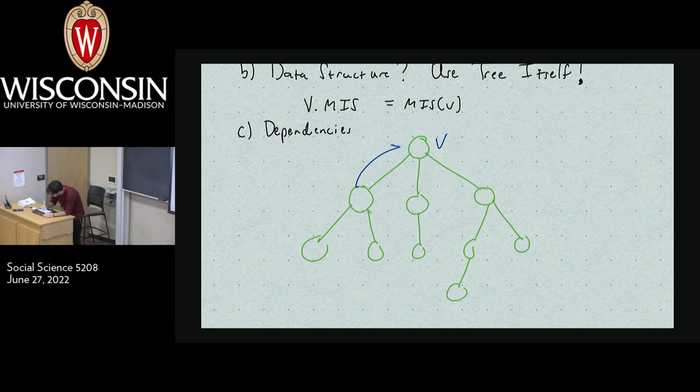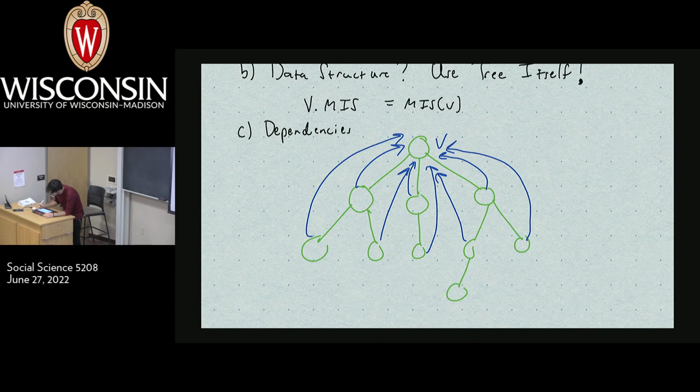So we have arrows here, and we have arrows here, just a bunch of arrows. It does not depend on its great-great-grandchildren, though, so that node would not have an arrow. Okay, so those are the dependencies. So each child and grandchild. Now, what's a good evaluation order that guarantees we hit the children and grandchildren before hitting V?